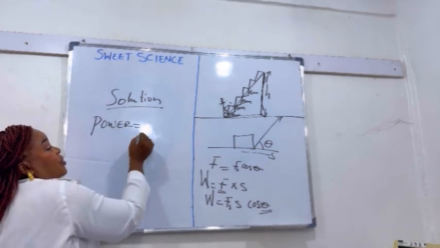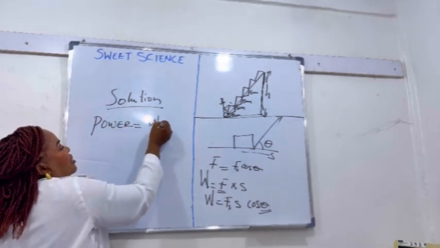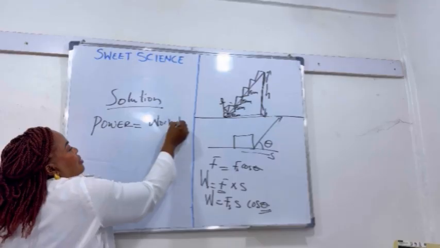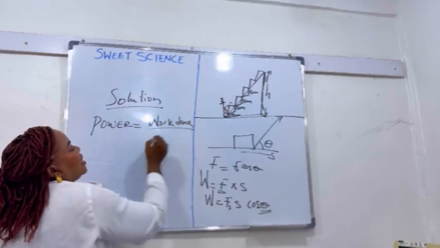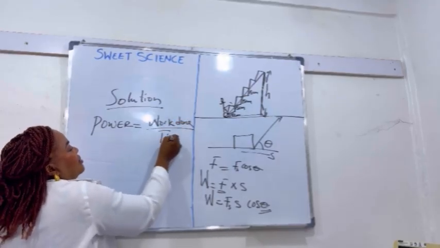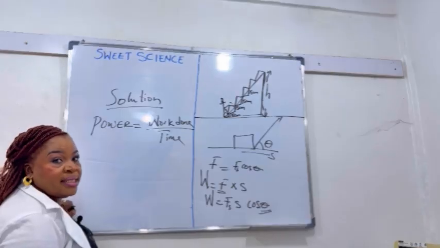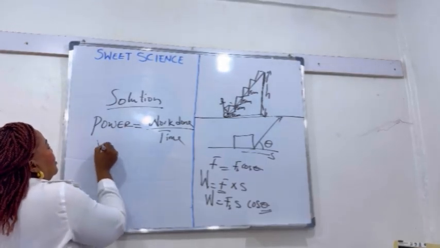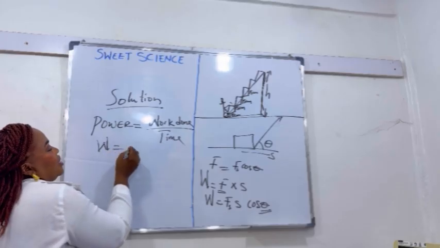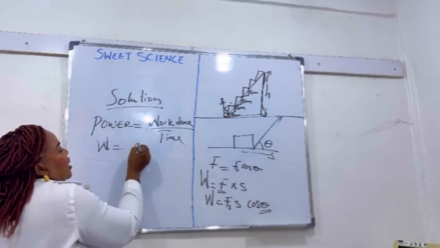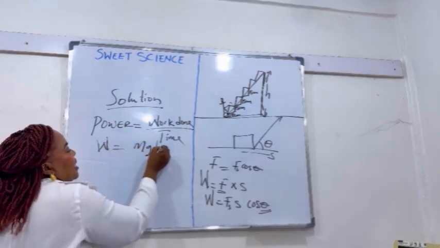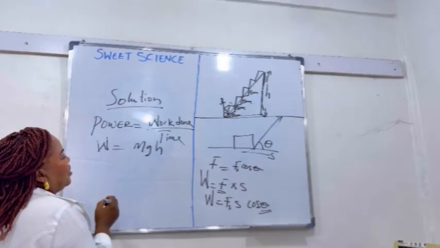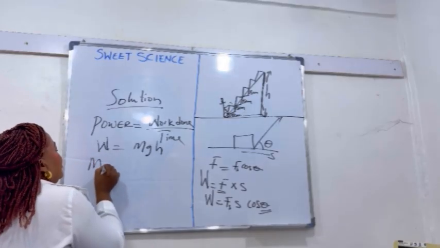Power is equal to work done all over time taken. All right? And then work done is equal to what? mgh. All right? And then mass is given.